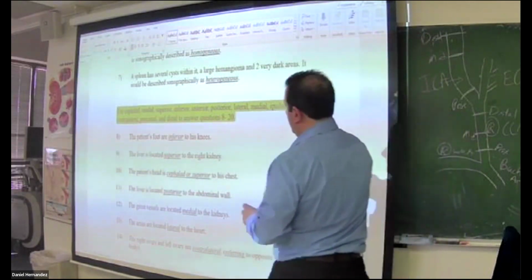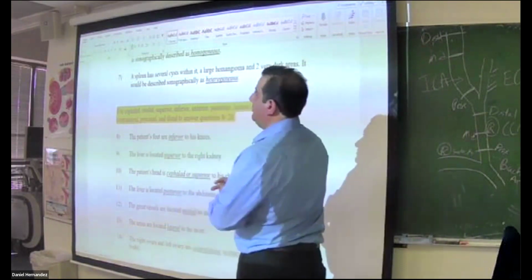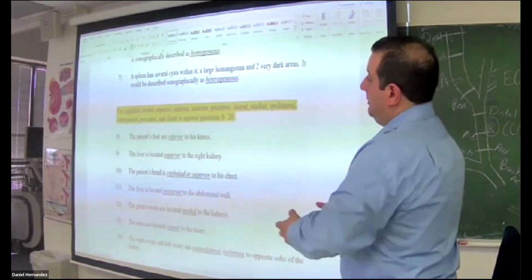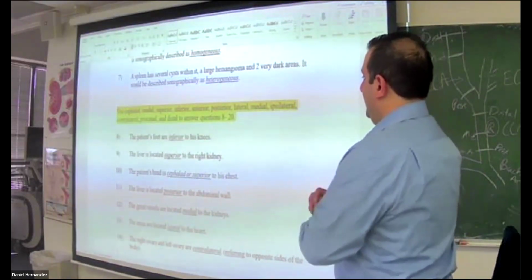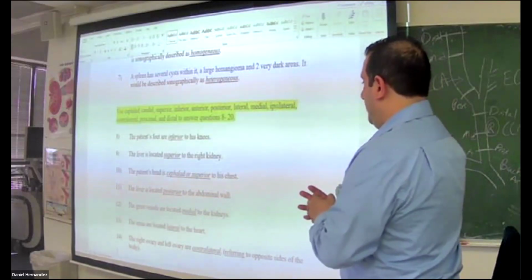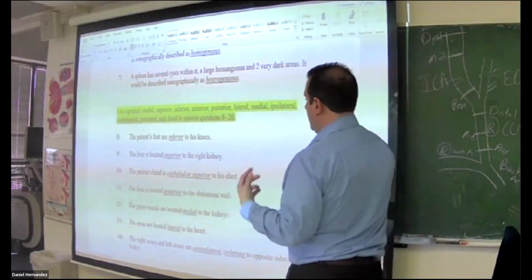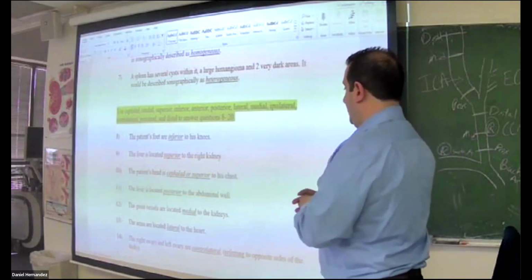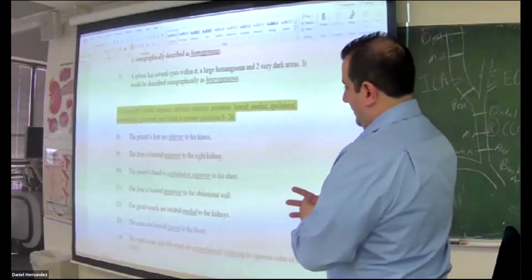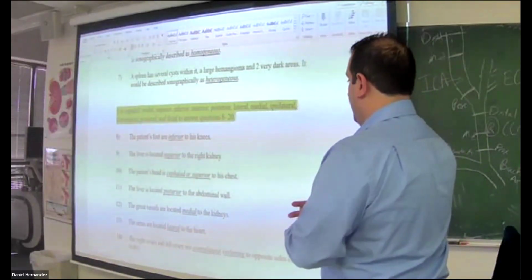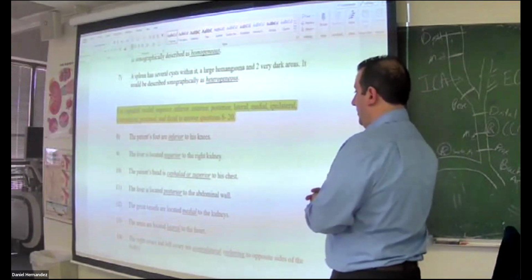Usually proximal and distal you could use for the arm: proximal arm, mid-arm, distal arm. A patient's head is cephalid or superior to his chest.